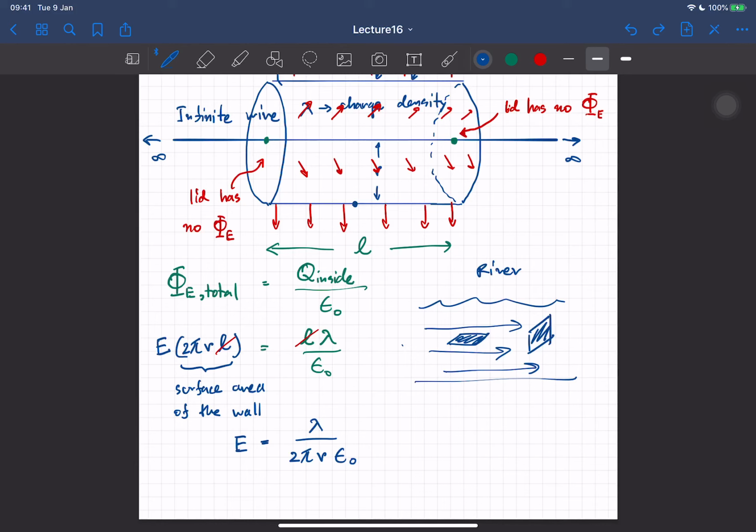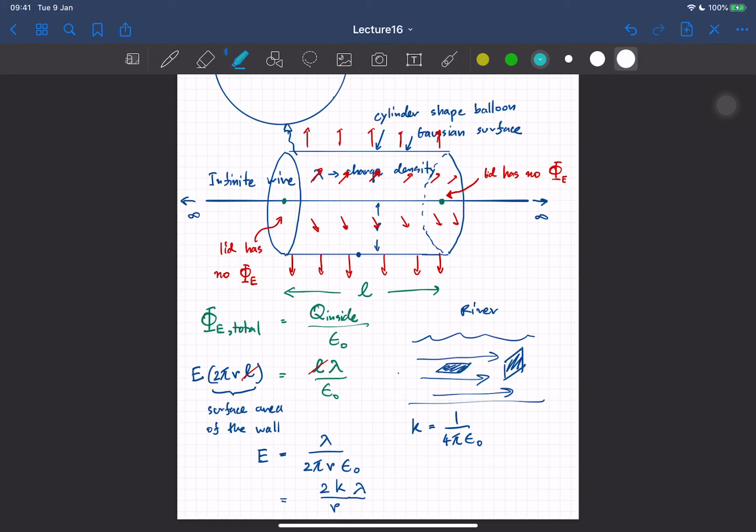Well, one thing I didn't tell you is that the K value in Coulomb's law is actually related to epsilon in this way: 1 over 4 pi epsilon 0. So in this case, we can just convert this back to K, which is 2K divided by R times lambda here, which is what we got earlier.